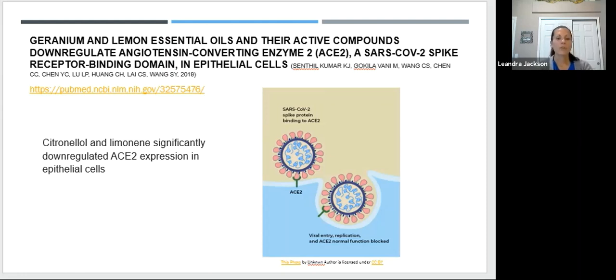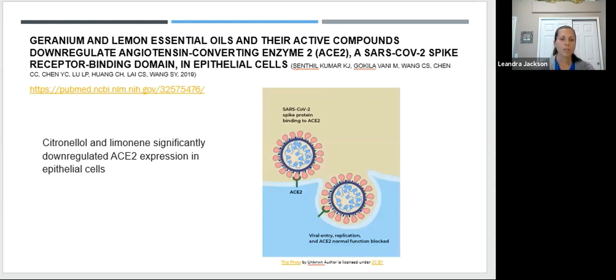And they have been shown to significantly downregulate this expression, meaning that it's not allowing the SARS virus to attach to these receptors. The results suggest that geranium and lemon essential oils and their derivative compounds are valuable natural antiviral agents that may contribute to the prevention of the invasion of SARS-CoV-2 or COVID-19 into the human body.